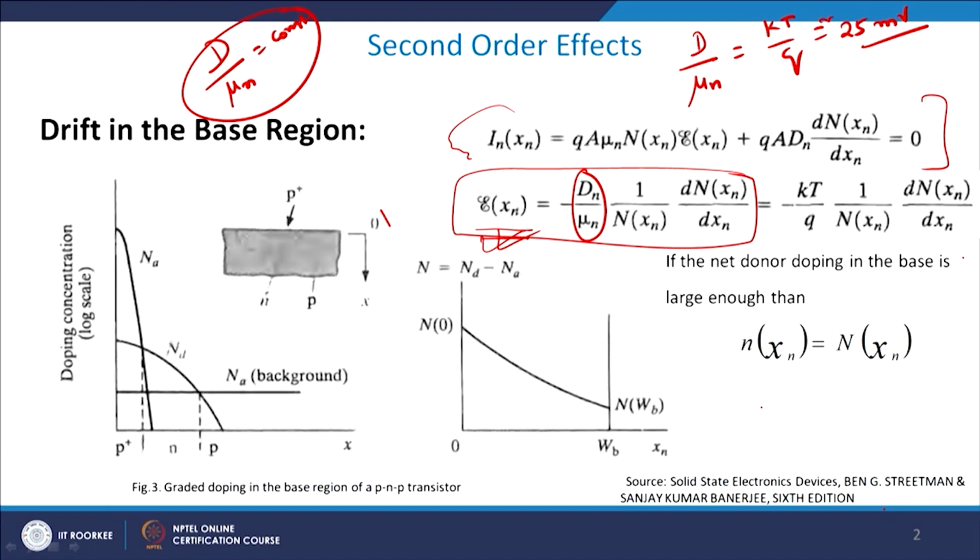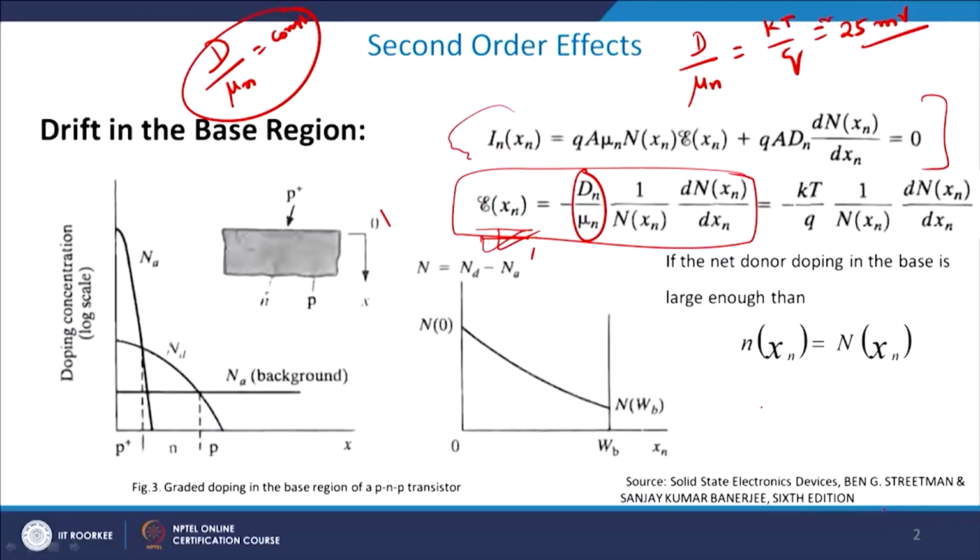Therefore, the total electric field at any particular point E(xn) will be a strong function of how the diffusion species is varying with respect to space, which is very important. It will also depend upon the number of dopant species available at a particular point xn within the network. If that is very large, the absolute value of the electric field will fall.